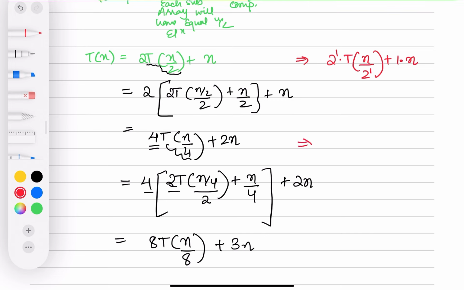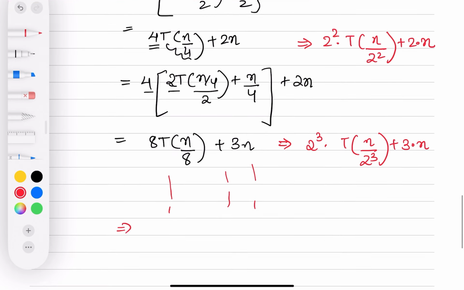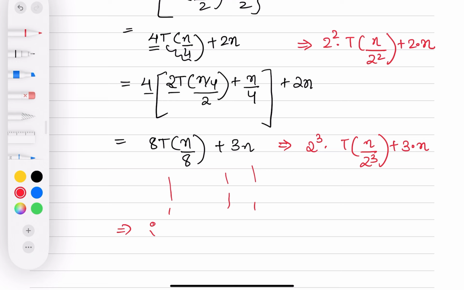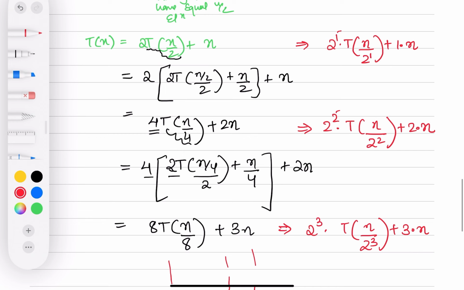If you observe this carefully, it is written as 2 square t(n/2²) plus 2n. Now if you see this very carefully, it is written as 2 cube t(n/2³) plus 3·n. So can I write a general term from here? That is 2 power k, because 2 power 1, 2 power 2, 2 power 3.